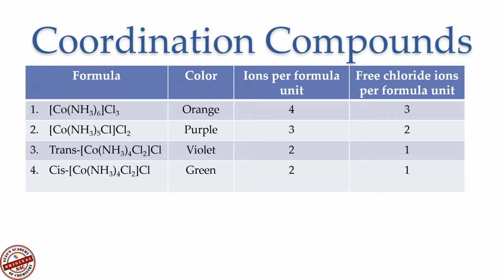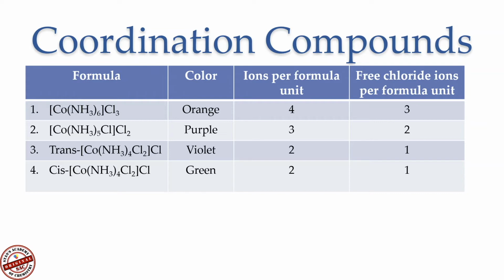So here we will look at the geometry. In this case, there are 6 ligands. Therefore, it usually forms 6 coordinate bonds, which results in an octahedral complex. But at the same time, the positions of the chlorines within the molecule have an impact on the color of the compound.